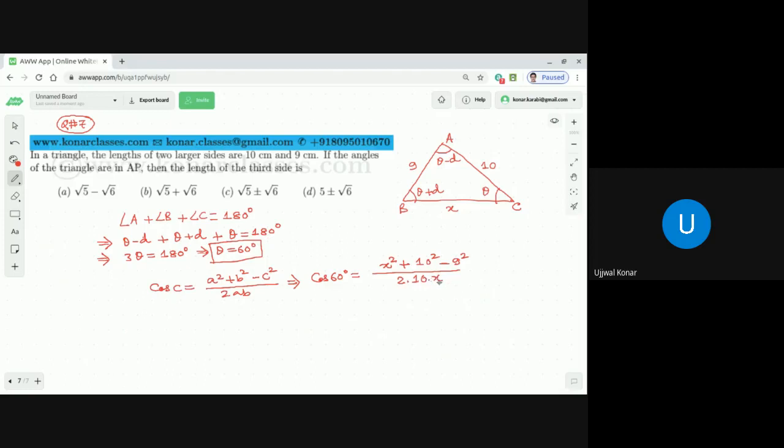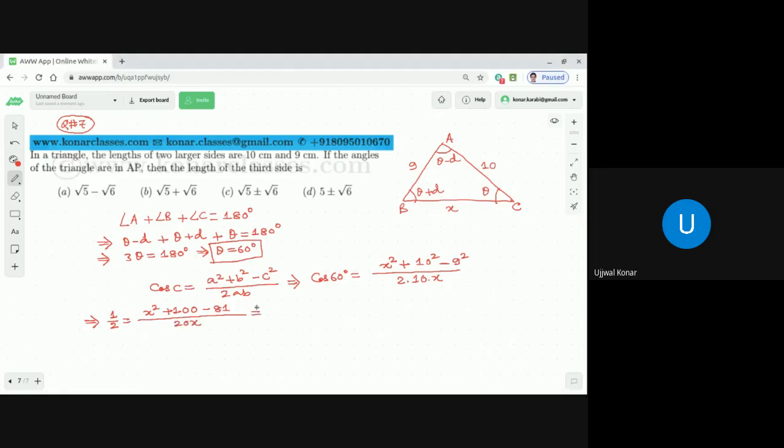A is x and b is 10. So from here what we get, dear students? Cos 60 degrees is nothing but 1 by 2. So 1 by 2 is equal to x square plus 100 minus 81 divided by 20x. Correct?